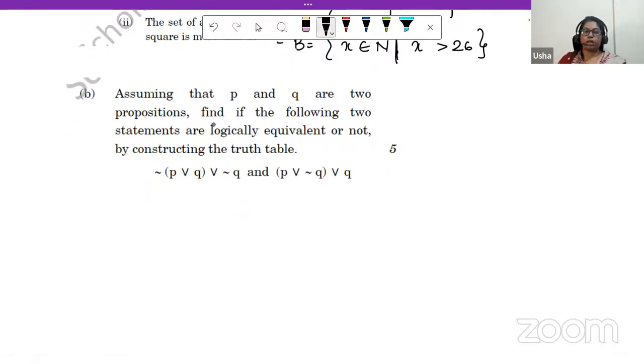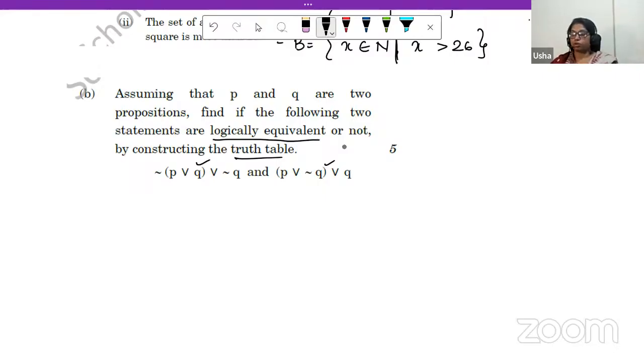Okay, so assuming that P and Q are two propositions, find if the following two statements are logically equivalent or not. See, for all these things, if you are constructing truth table, then procedure for constructing truth table is same. If they ask you to find whether two statements are logically equivalent, then these two columns should have same set of truth values.